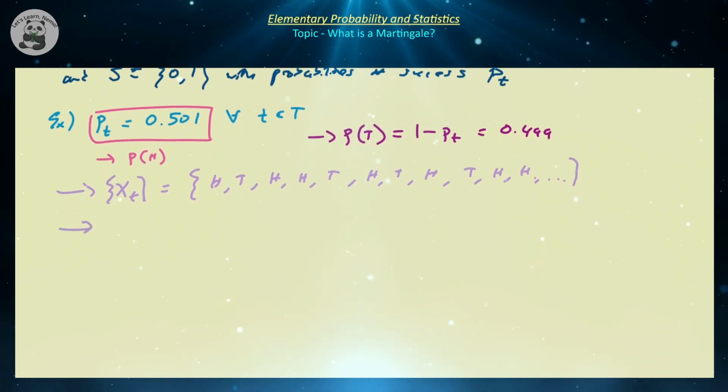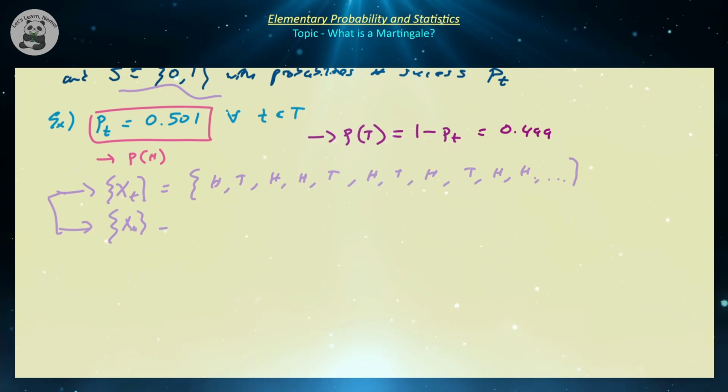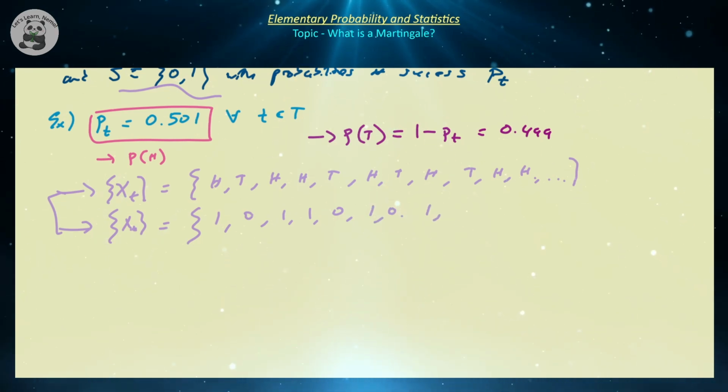You could also code this in binary fashion with respect to your state space S, so technically they would be equivalent ways of representing them. Let's assume that H is 1, that's our success. So we get 1, 0, 1, 1, 0, 1, 0, 1, 0, 1, 1, and so on.